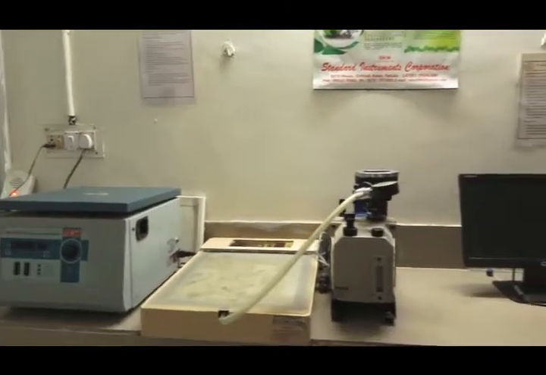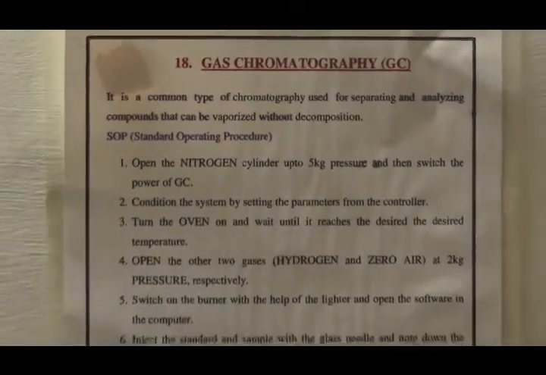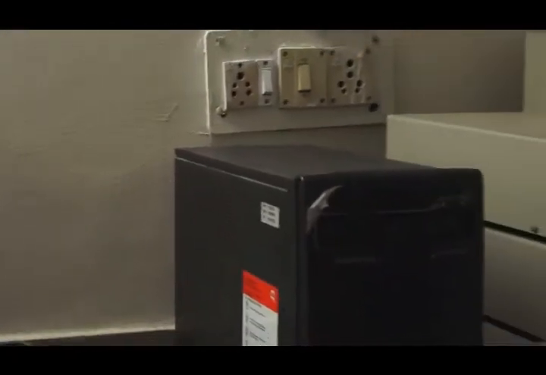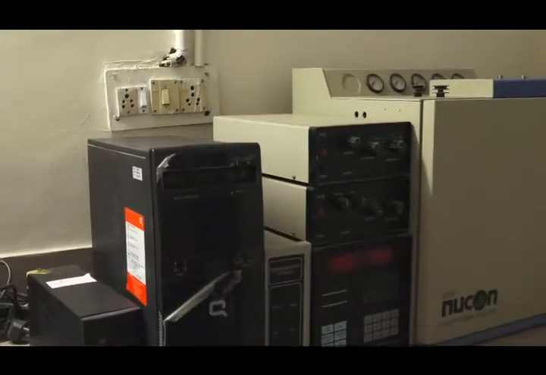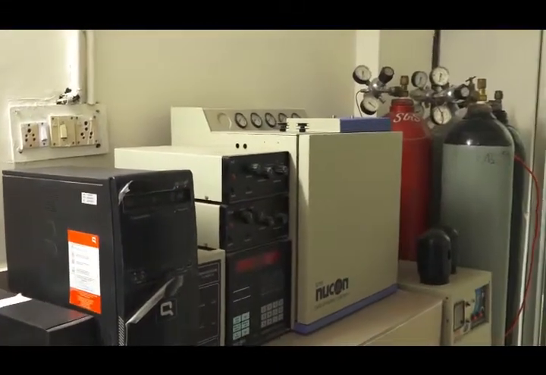So the next equipment in this lab is the gas chromatograph. This gas chromatograph is used to detect the volatile compounds present in the food material, along with the various gas cylinders.